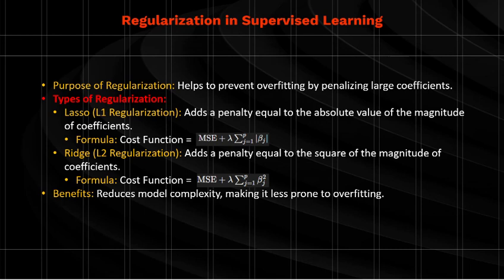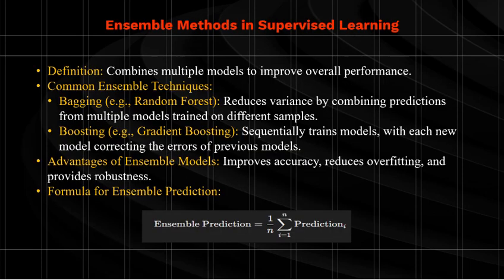You can see the formula. So basically L1 regularization adds a penalty equal to the absolute value, whereas L2 regularization adds a penalty equal to the square of the magnitude of the coefficient. The benefit is that it reduces model complexity, making it less prone to overfitting.